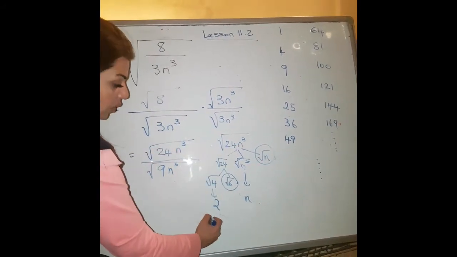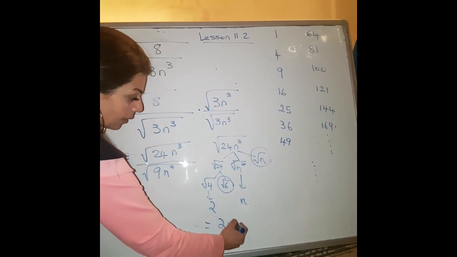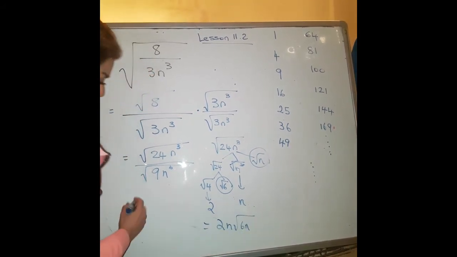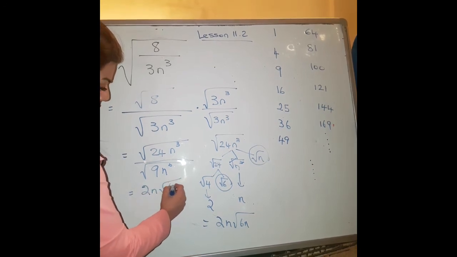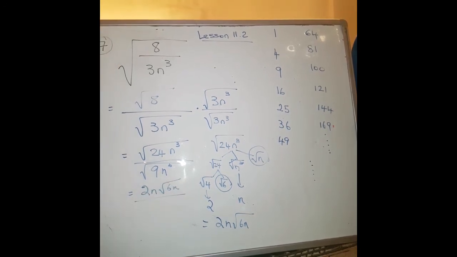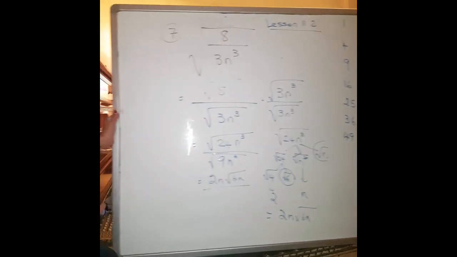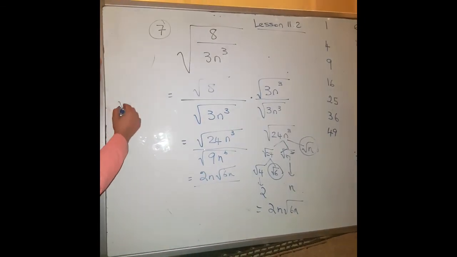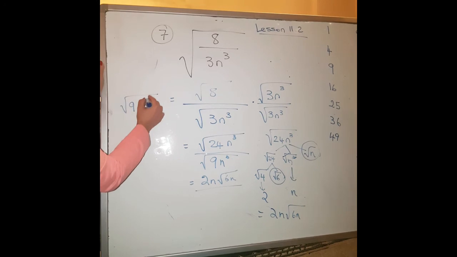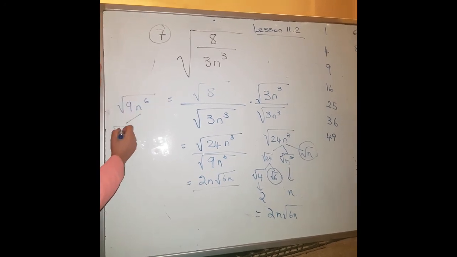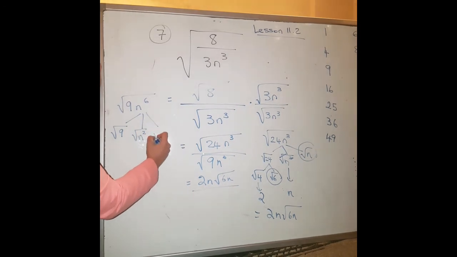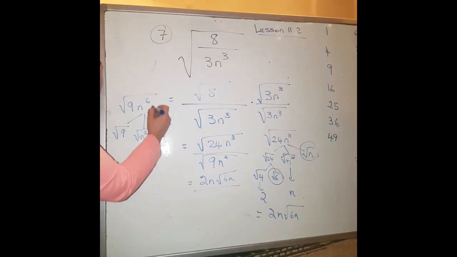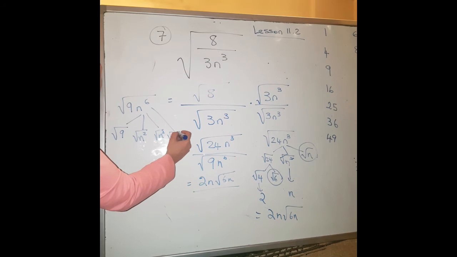What's my final answer here? It's 2n radical 6n. I write it down in my numerator: 2n radical 6n over. Now, what about my denominator? My denominator is radical 9n to the sixth, which is made up of radical 9, again in pairs, n2, n2, and n2.